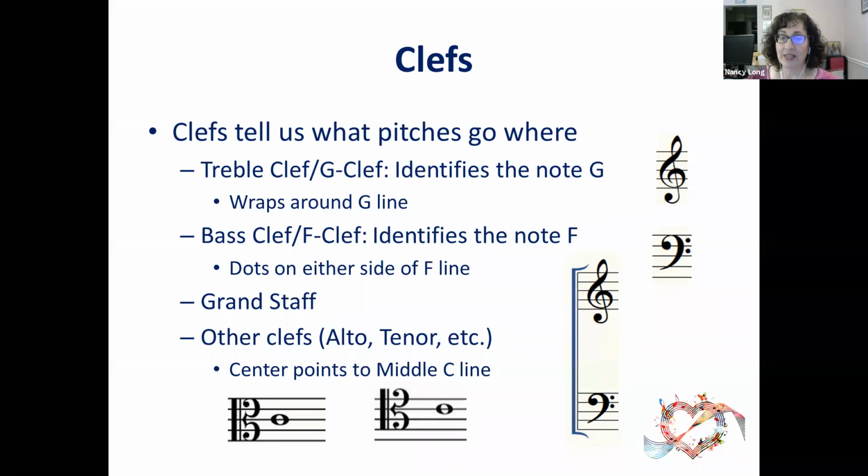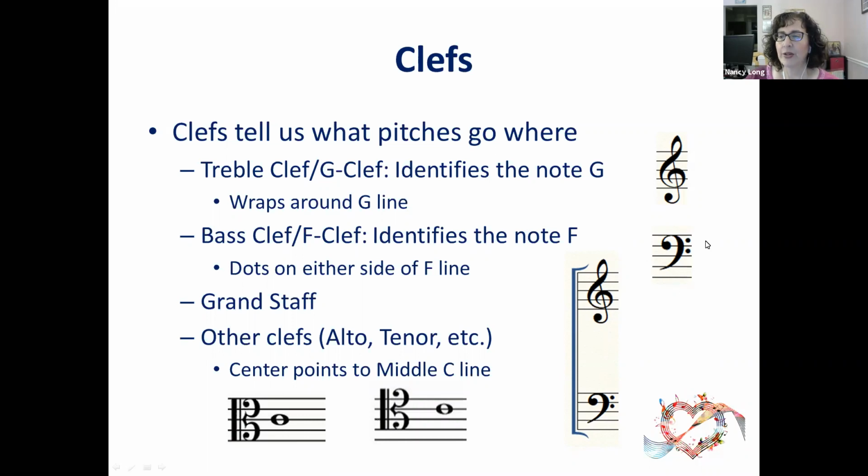And it's treble because the treble voices, being the sopranos and altos, typically sing from a treble clef. And it's a G clef because, as you can see, it wraps around this line that we will talk about momentarily. That is the line that is called G.